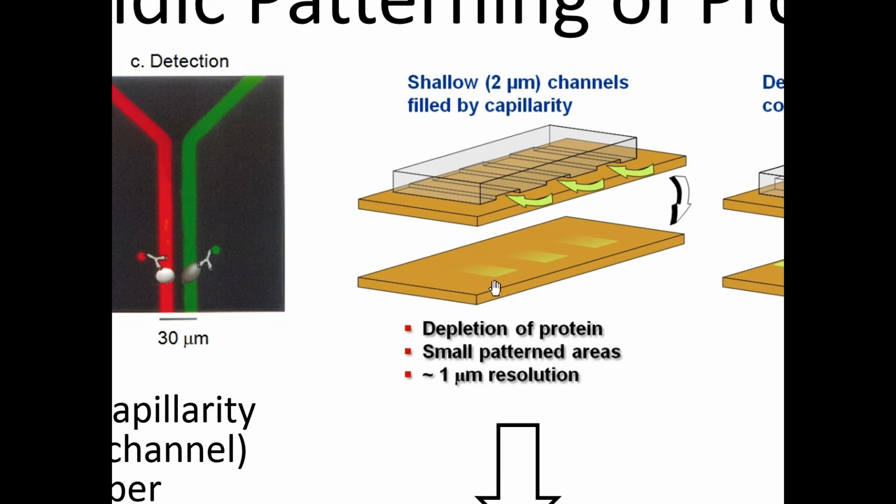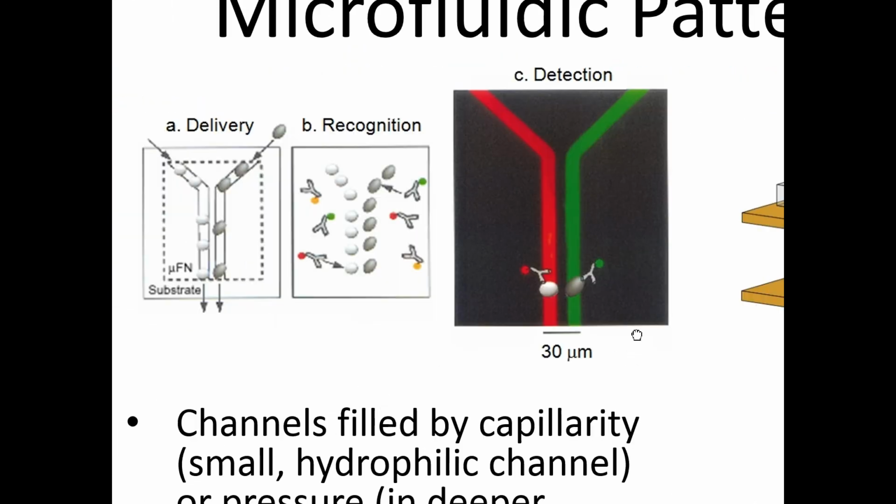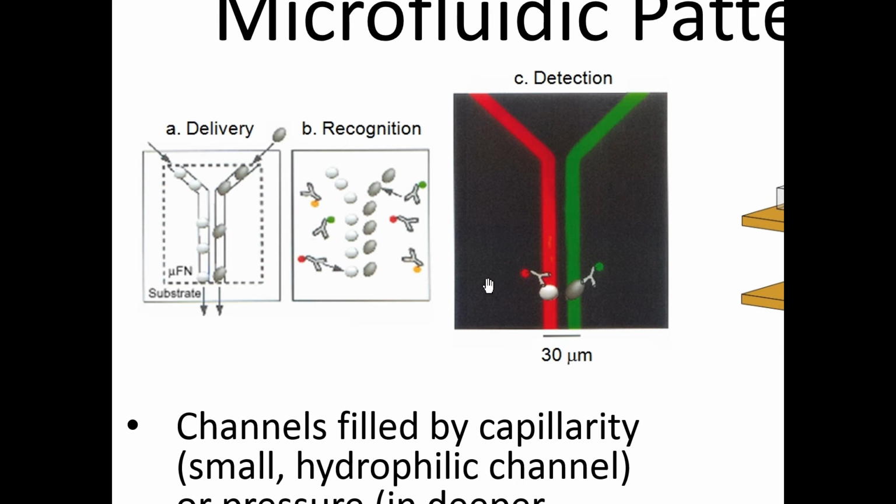This is a very easy and versatile way to print proteins on the surface. This was a picture from that famous Science paper where they created one protein pattern here, another protein pattern here, by having 2 microfluidic channels on the substrate.